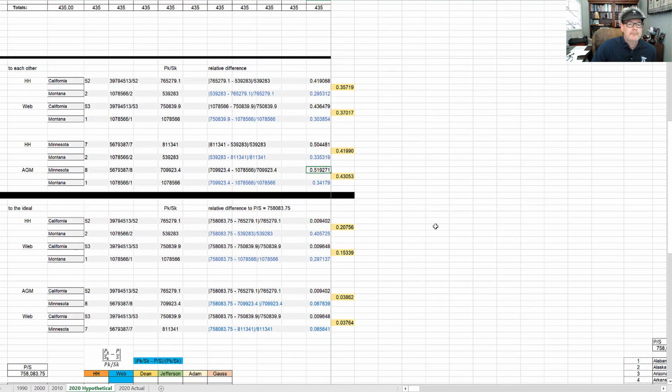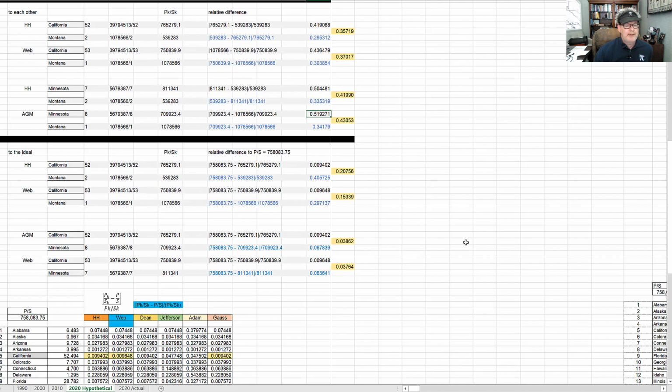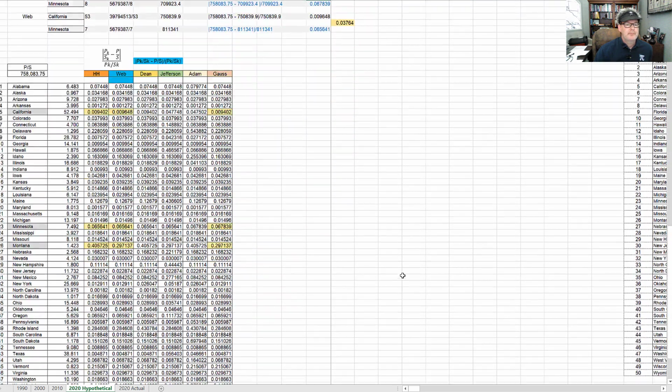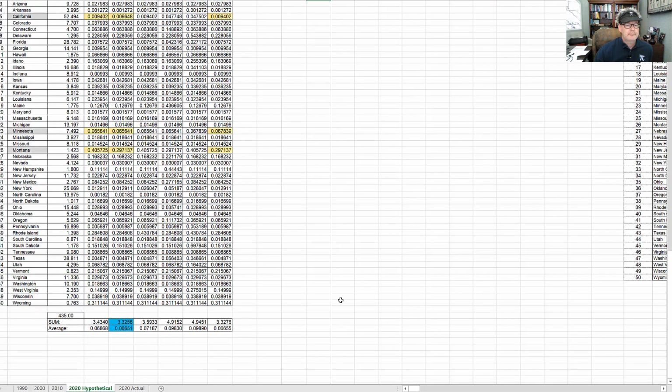So take each state's population minus that ideal, or actually I did the ideal minus the state's population, divided by the state's population, you get this relative difference. So again, it's a relative difference, and Webster wins that. So there we go. Beats out Gauss, arithmetic geometric mean.